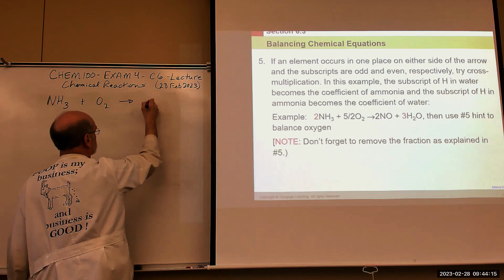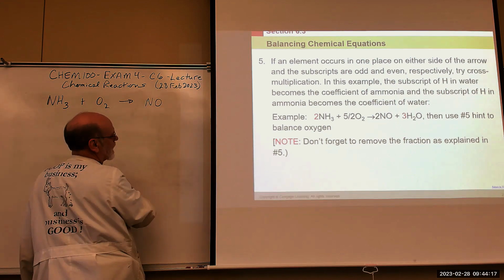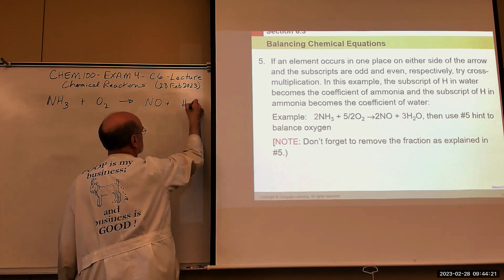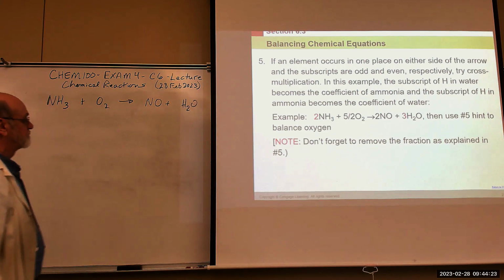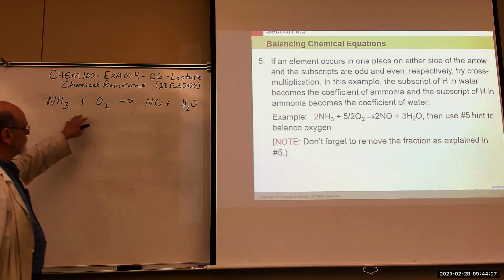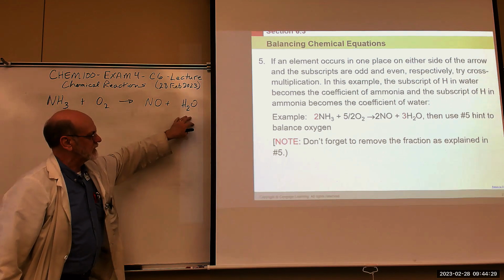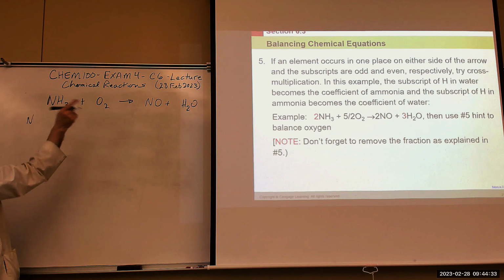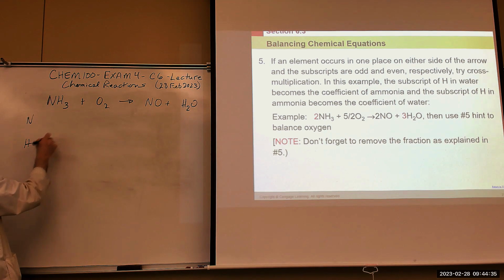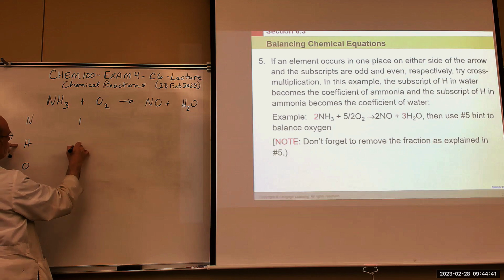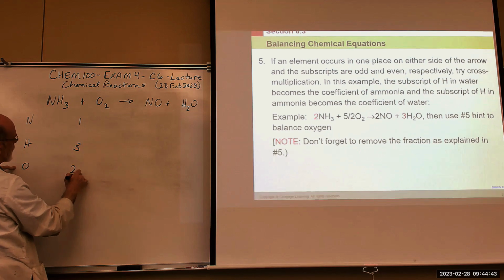And it's yielding nitrogen monoxide plus water. Okay, so we've got our compounds and elements written correctly. Now we need to do our tally. So there's nitrogen in there, there's hydrogen, and there's oxygen. And the original tally is 1 for this, 3 hydrogens and 2 oxygens.